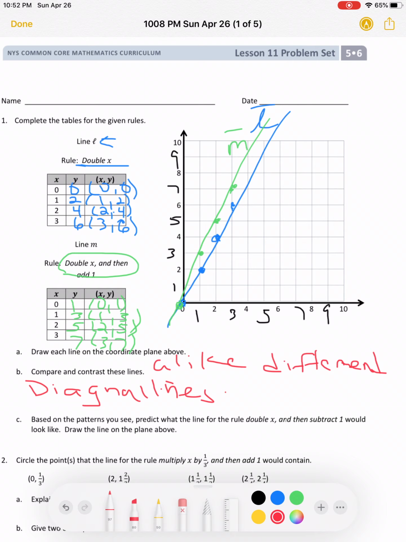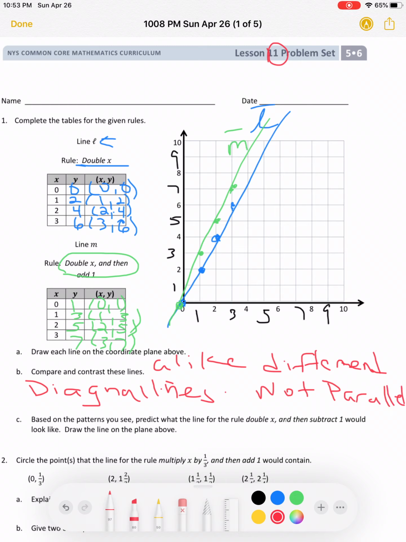Why are they not parallel? We talked about that. Parallel lines. Why are they not parallel? Okay, because they cross each other. Very good. So that will go on the difference, the contrasting points. Not parallel. Okay, anything else that's alike?